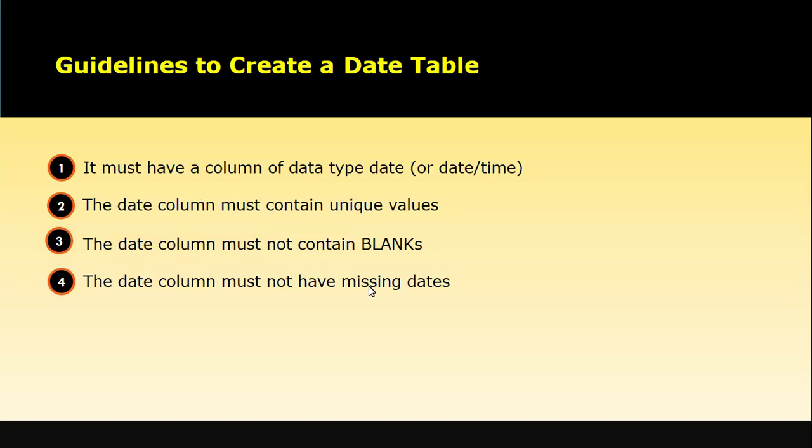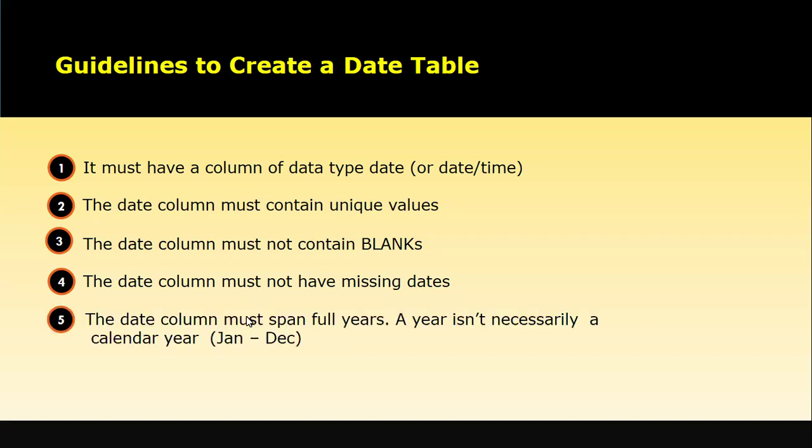In the date dimension table, the date column should start with the first date till the recent date. It should not have any blank values or skipped values. You need to sequentially store the date values starting from minimum date to maximum date. That is the difference between line item 3 and 4.